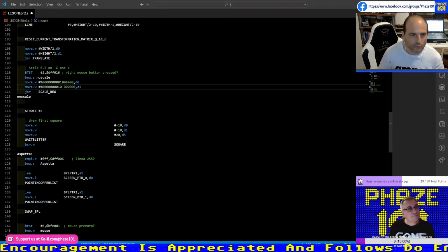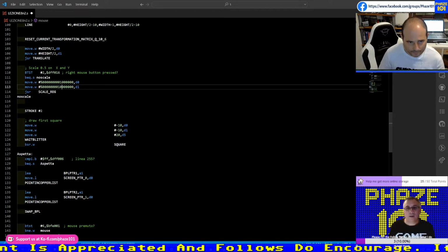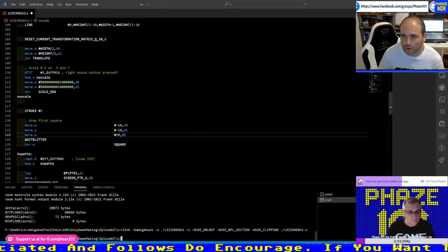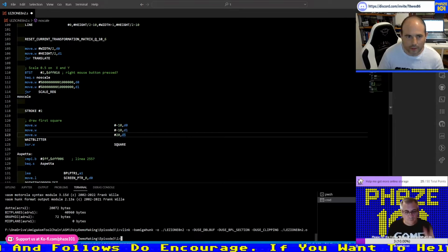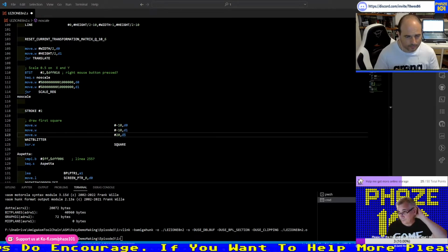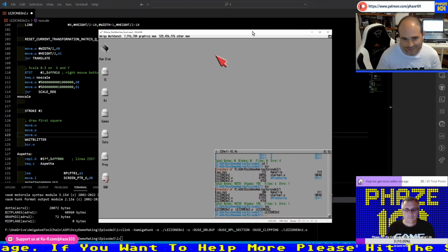Okay, now you remove the space and compile. So right now the height of the square should be doubled. Hopefully. If it doesn't, it means my code is not working.